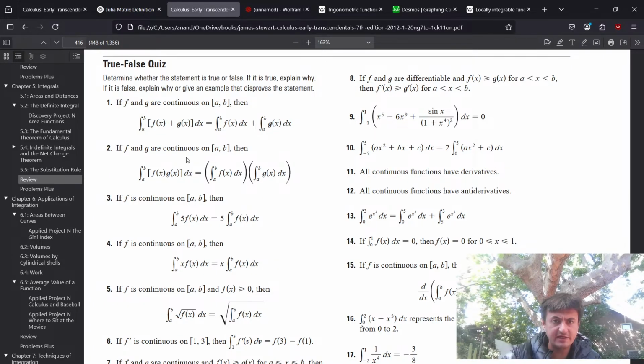Just take f of x equal to x and g of x equal to x, so they're both the identity. Then you get x squared here, so it's x cubed over 3. But then this gives you x to the 4th over 4. So no, that's false.